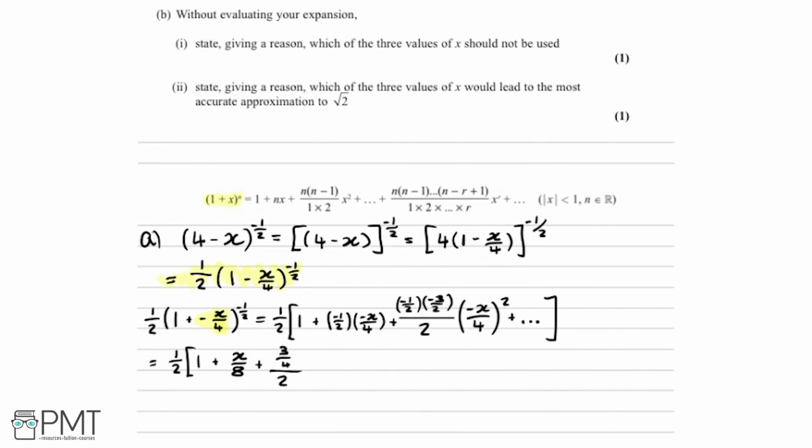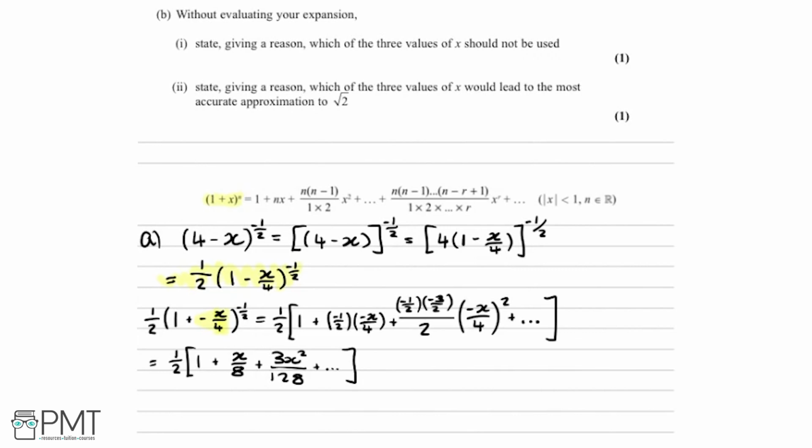That's all over 2. And if we rewrite that, that's the same as saying 3 over 8. That's multiplied by, if we square this, x squared over 16. And in the numerator, we get 3x squared, and 8 times 16 is 128. So we get 3x squared over 128 here. And again, that carries on.